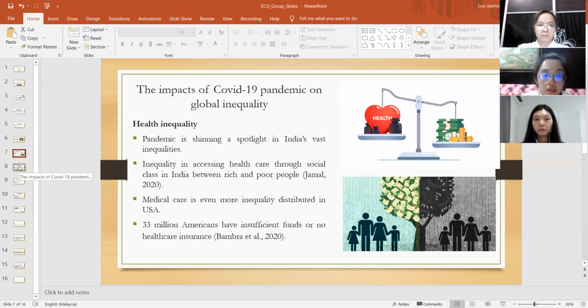A hospital in New Delhi, a government-run facility, offers free COVID-19 tests for the public. However, there is an inequality in access to healthcare through social class in India between rich people and poor people.